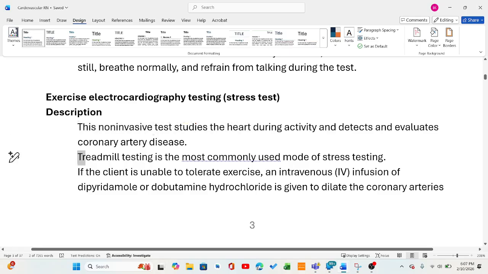But what happens is that the patient will be put on a treadmill, and as they are working out, the doctor will also be monitoring the activity of the heart and seeing how much stress is being put on the heart when you are running on a treadmill. So how the heart is responding, the cardiologist will be monitoring that and then will be able to tell.